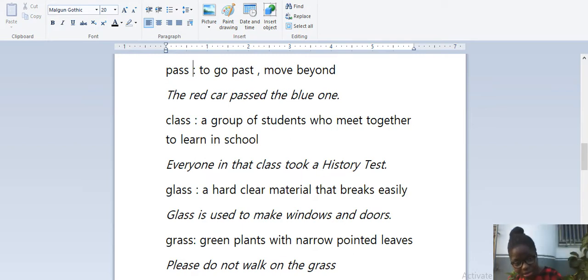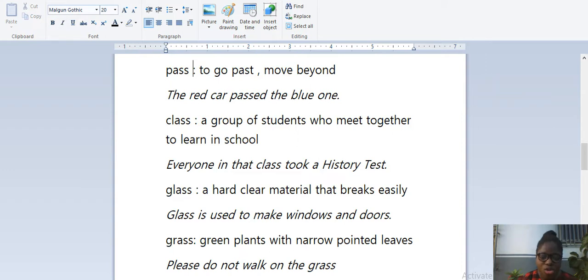If you were walking and went past a little kiosk, let's just use that as an example, you've passed the little kiosk. You've gone by it. To move beyond. So you are ahead and that thing is at the back.